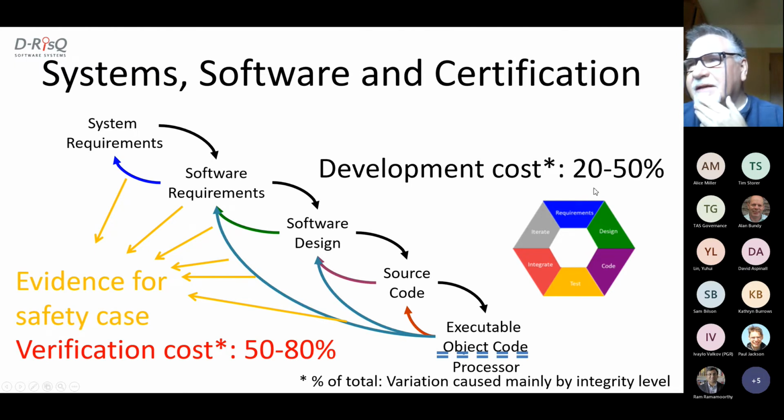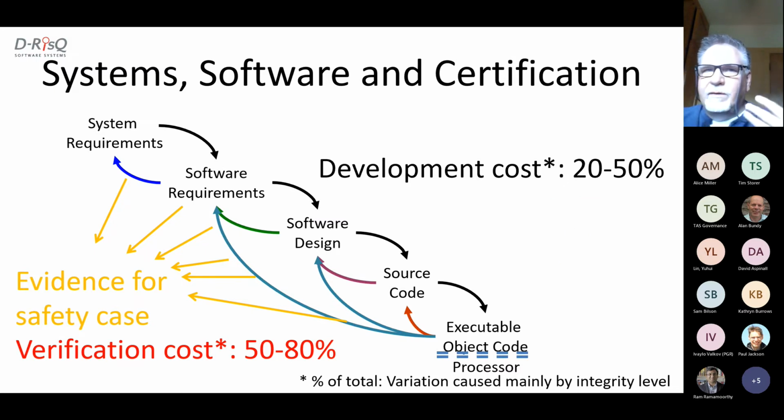It's 20 to 50%, but the certification, the verification cost can be 50 to 80%. So 80% when it's level A software, the most safety critical level of software in aerospace terms. The cost is driven by the certification, the verification, that evidence that you need to produce.